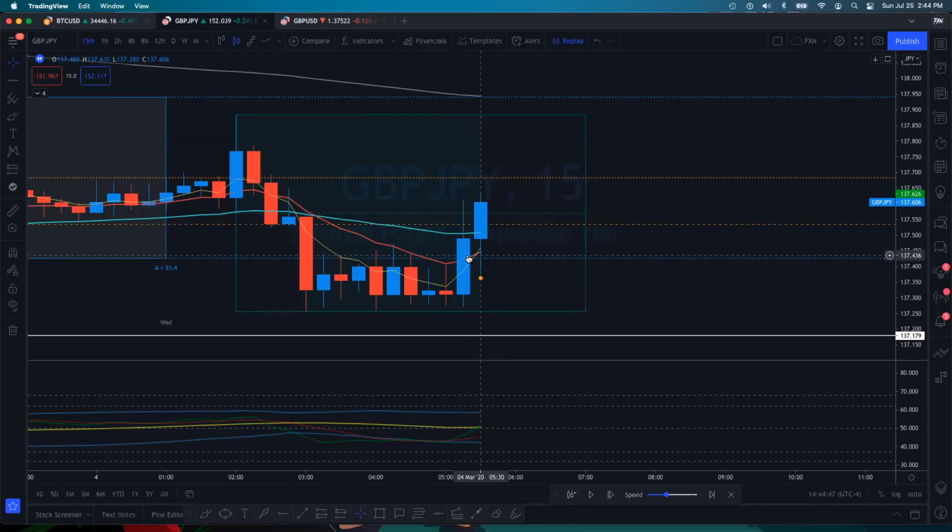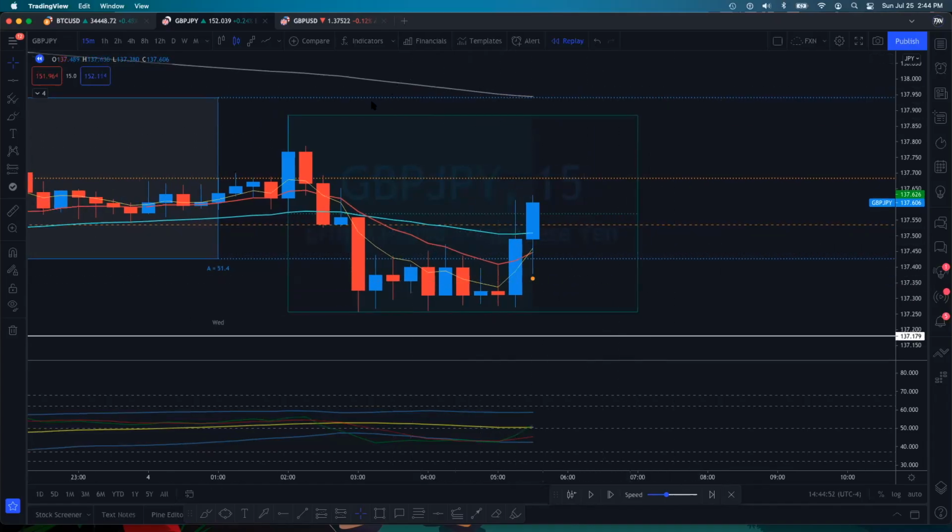Because if you make a trade decision during this candle, you're only basing it off of the actual previous closed candle. If you wait for this to close, now you're making your trading decision based on this candle alone because it's a closed candle. It's over.